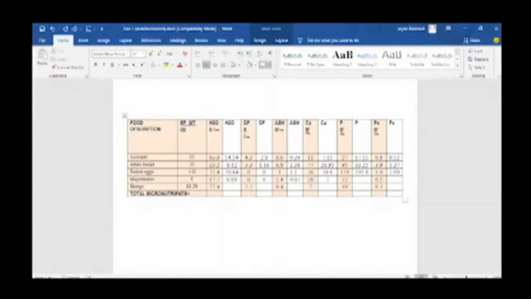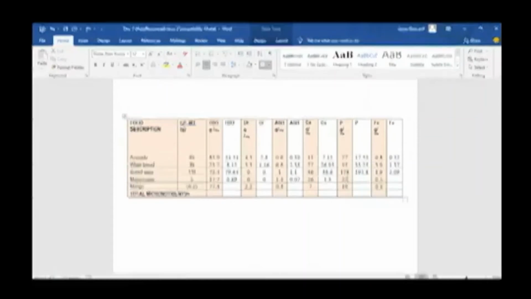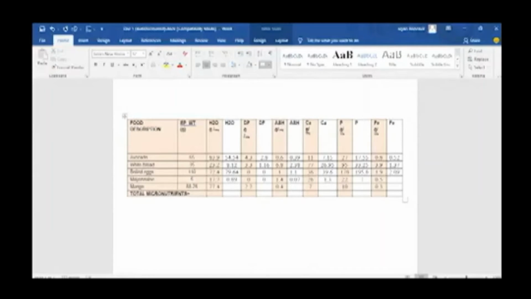Then 26 times 5 over 100 is equal to 1.3. Then 22 times 5 over 100 is equal to 1.1. And then 0.5 times 5 divided by 100 is equal to 0.03.